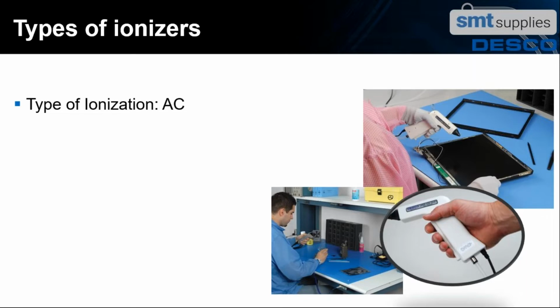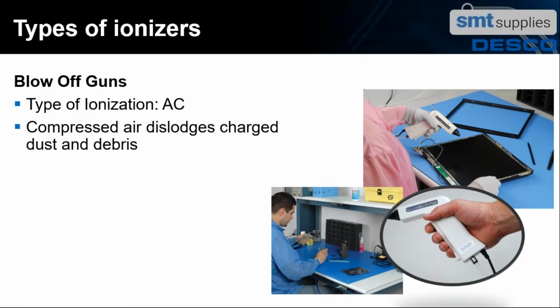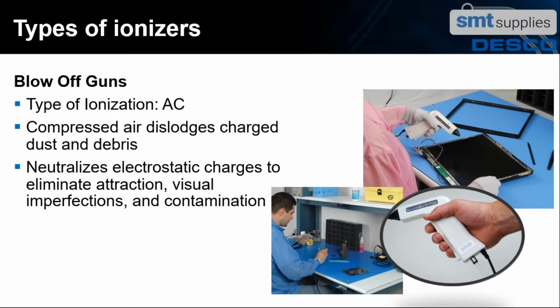Types of ionizers, blow-off guns. We're going to be mentioning two technologies of ionization: AC, which is alternating current, and DC, in which each emitter pin in the ionizer has either positive or negative ions produced from it. But most blow-off guns are AC.